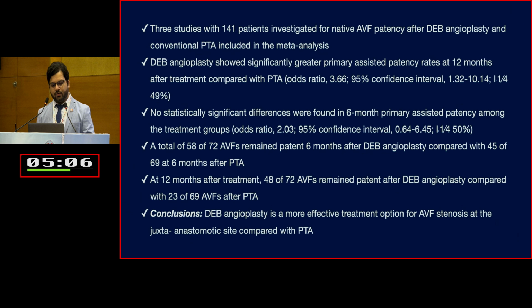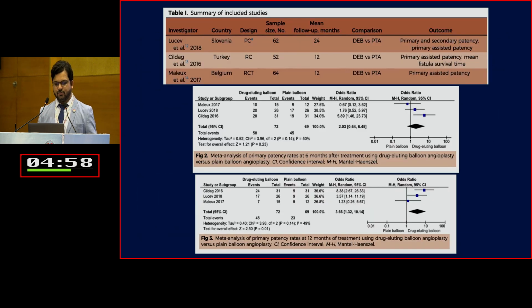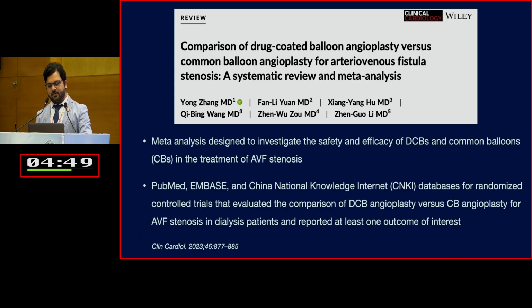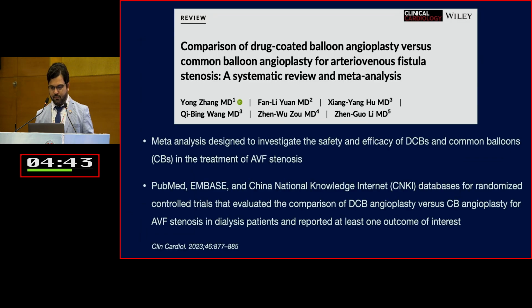This also concluded that DEB angioplasty was a more effective treatment for AVF stenosis at the juxta-anastomotic site compared with transluminal angioplasty. These were the 3 studies included, and we can see from the forest plot that the meta-analysis was more in favor of the drug-eluting balloon group as compared to the plain balloons.